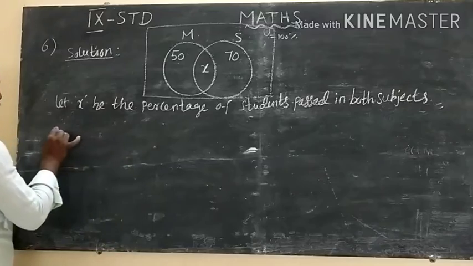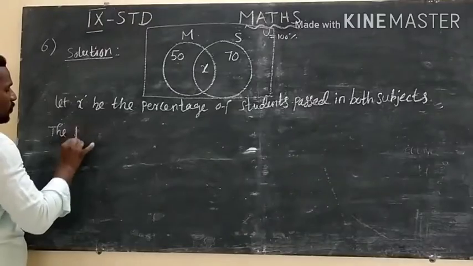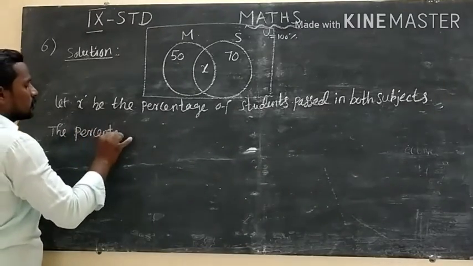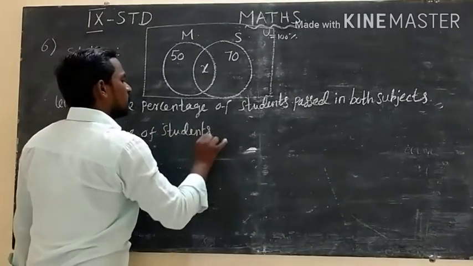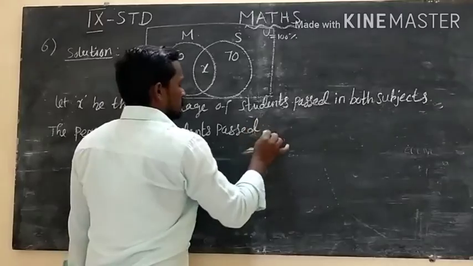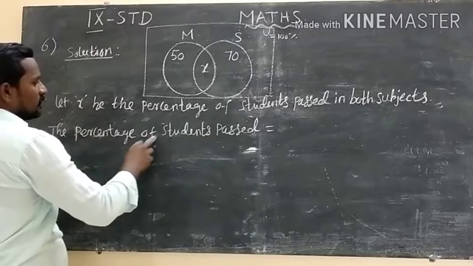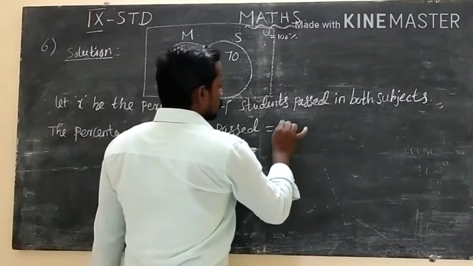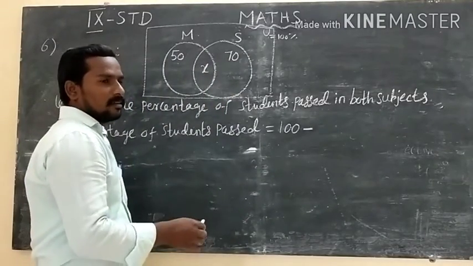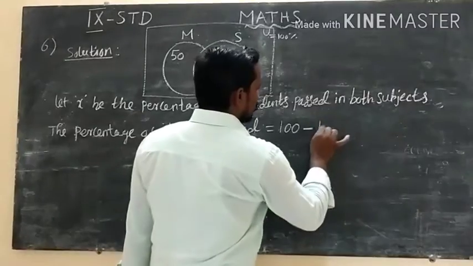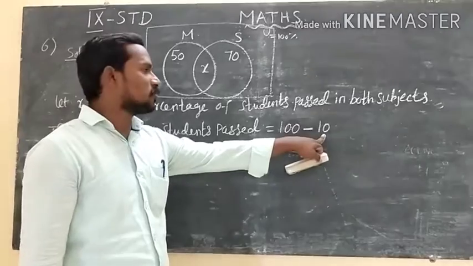Next, find the pass percentage. The percentage of students passed is equal to 100 minus the percentage of students failed, which is 10. 10% of students failed, as given in the question.